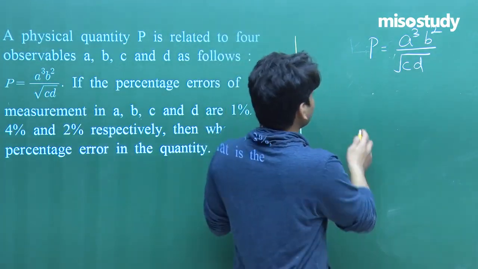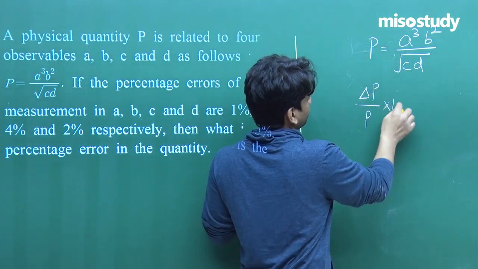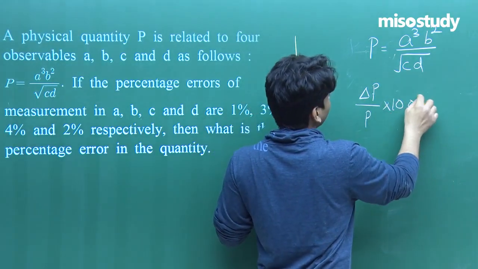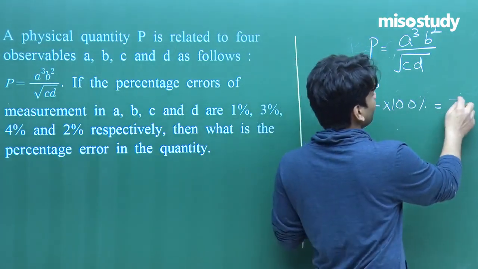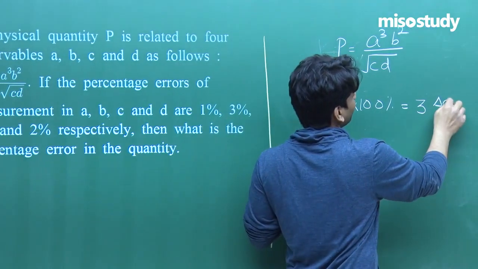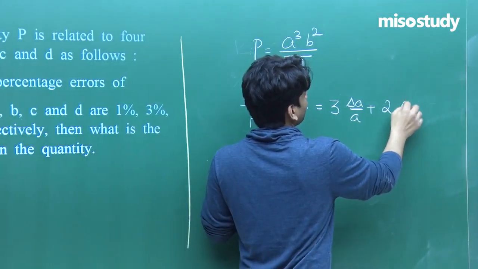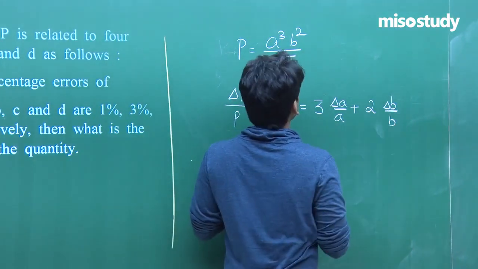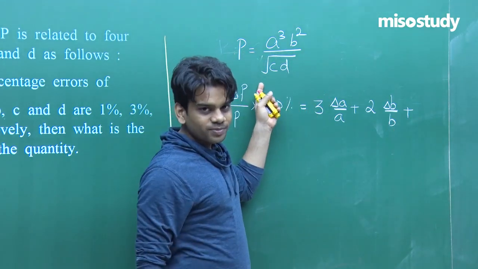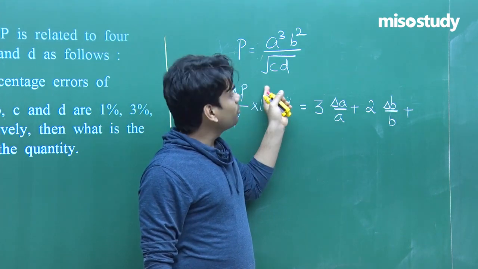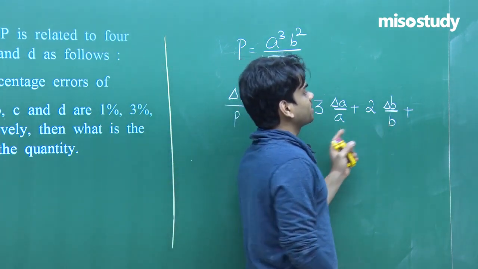So if I write in terms of error, again it's the P thing, but the formula is different. So we will be using the same formula, 3 into delta A by A plus twice of delta B by B plus, now see, although this is in the denominator, its power will be minus 1 by 2 for C and D, but you have to use plus here.